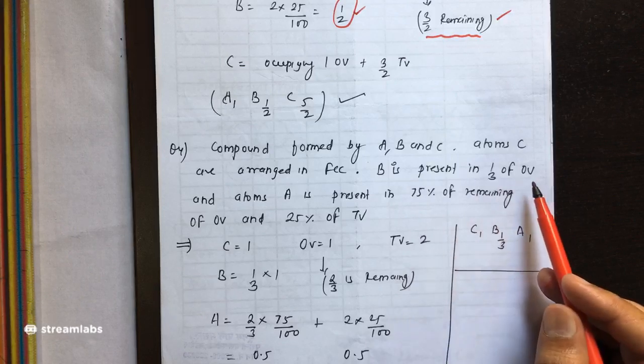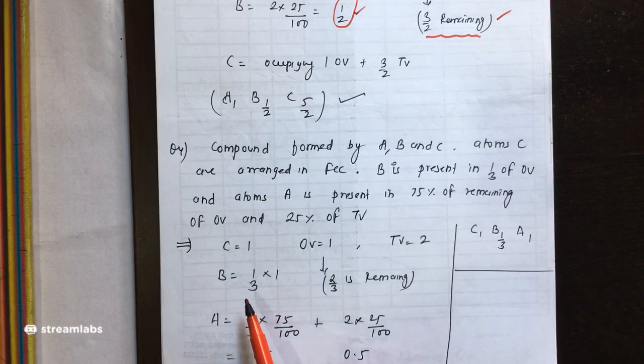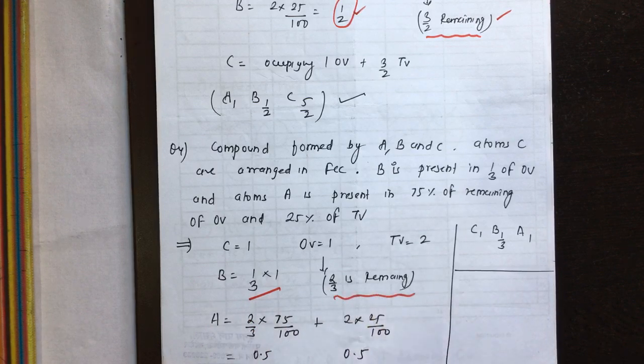B is present in 1/3 of OV. How many OVs are there? 1. 1/3 of 1 is nothing but 1/3 only. So 1/3 is occupied. How many is unoccupied? 2 by 3, because 1/3 is occupied. Now A is present in 75% of the remaining OV and 25% of TV.